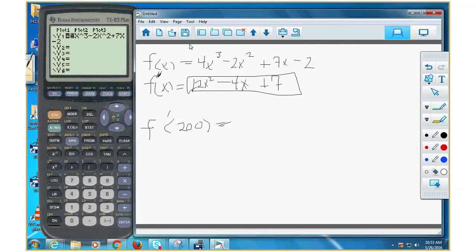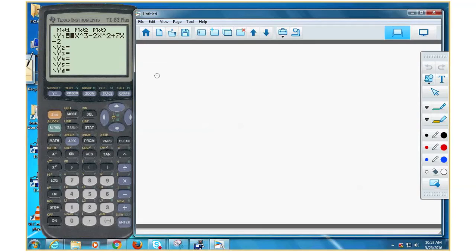Let's do f of x is equal to 2 square root of x. Radicals and calculus do not mix.